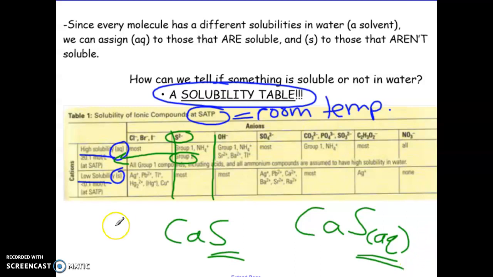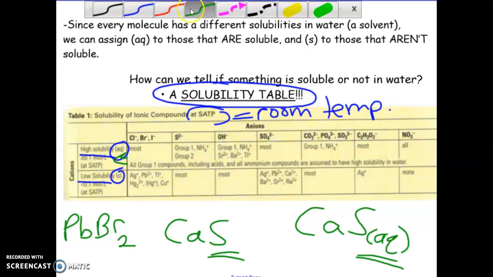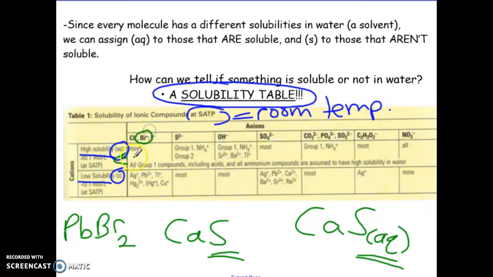So let's try another one. Let's say we had lead(II) bromide. Now that we're looking at bromine, we have to look in the different column that fits with what we're doing. Bromine is here, and actually I know it's not shown, but fluorine is also here. This is like the halogens column. So we're looking at this column right here. Now I'm going to look to see, well, where does lead(II) fall?